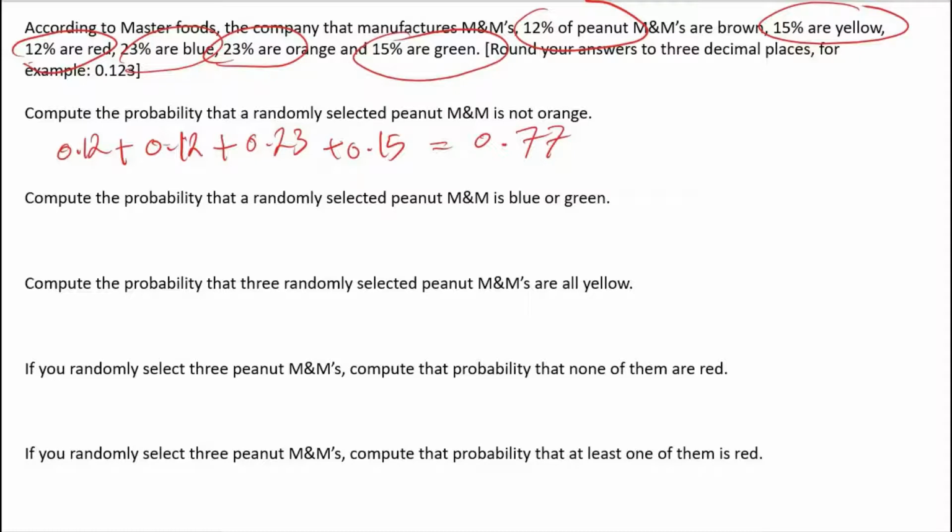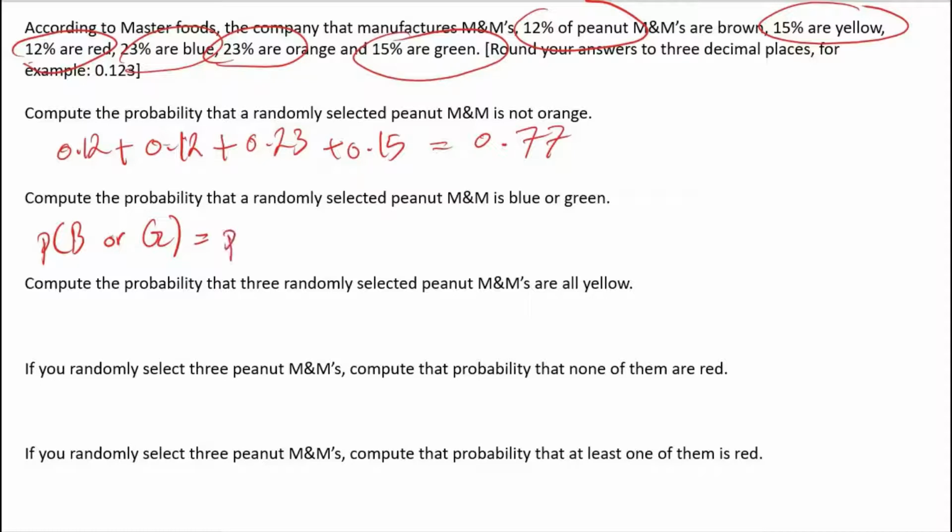We want next to find the probability that a randomly selected peanut M&M is blue or green. We know the events here are mutually exclusive, meaning they can't happen at the same time. The peanut M&M cannot be blue and green at the same time.